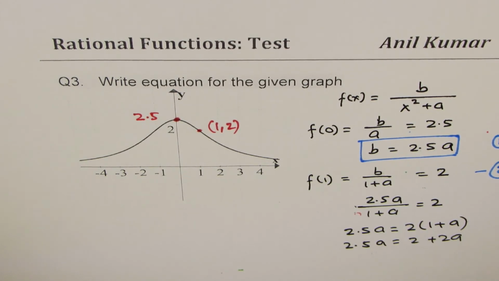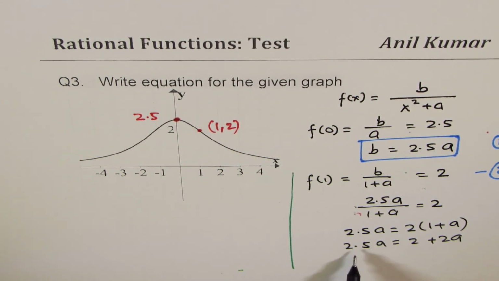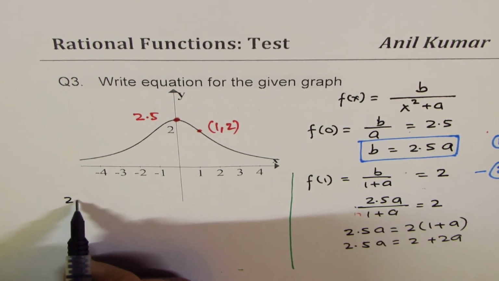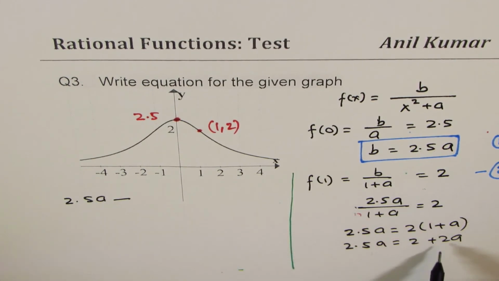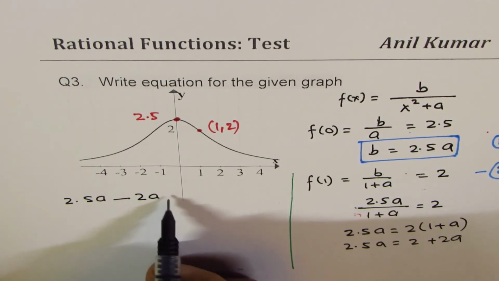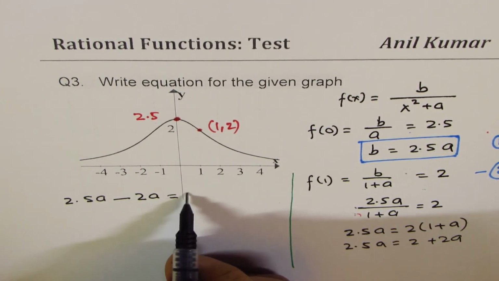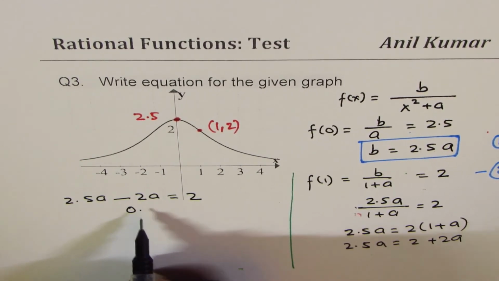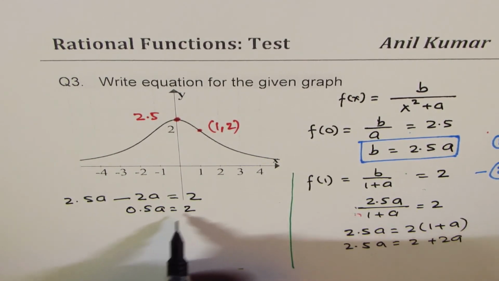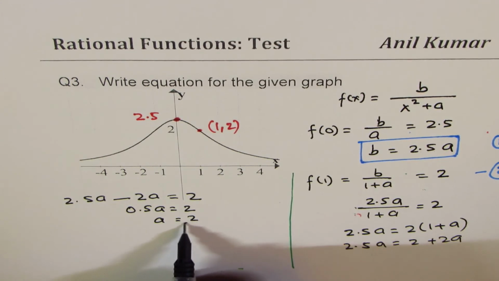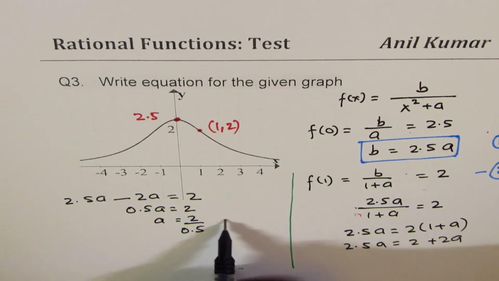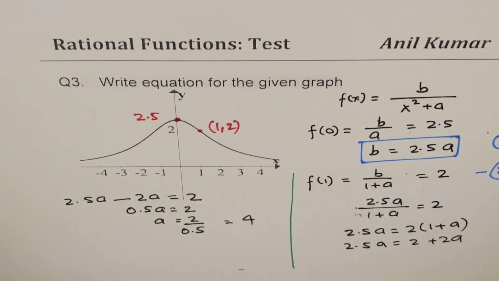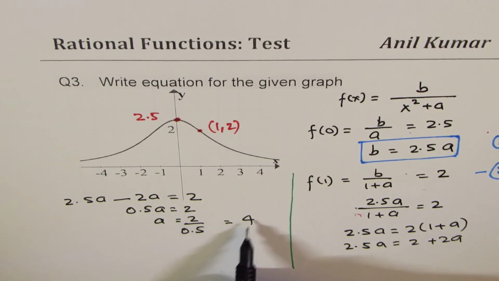So we can now take all the terms on the left side and simplify. So let's rewrite this, right? 2.5a minus 2a equals 2, correct? That means 0.5a equals 2, a equals 2 divided by 0.5, which is 4, correct? 0.5 is half, so a is 4.